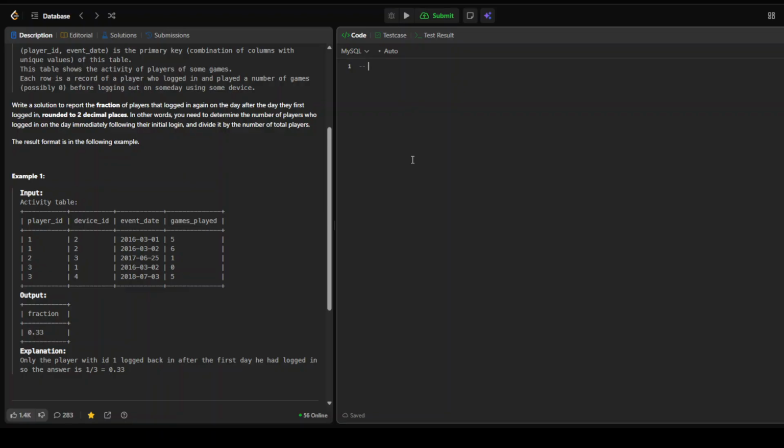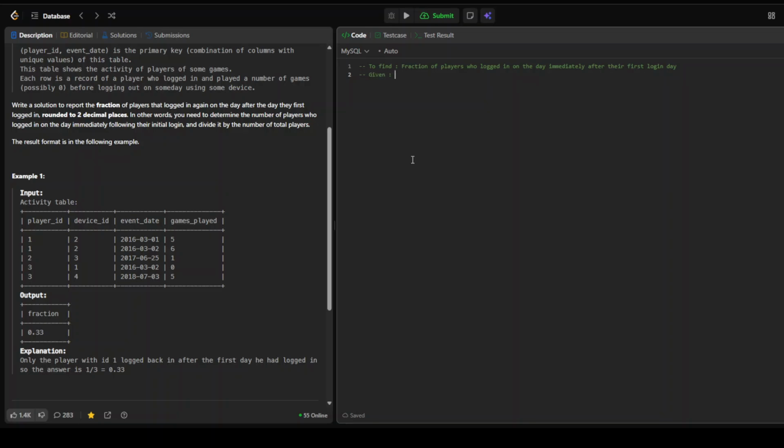Now what we can do is put down what we need to find. To find is the fraction of players who logged in on the day immediately after their first login day.